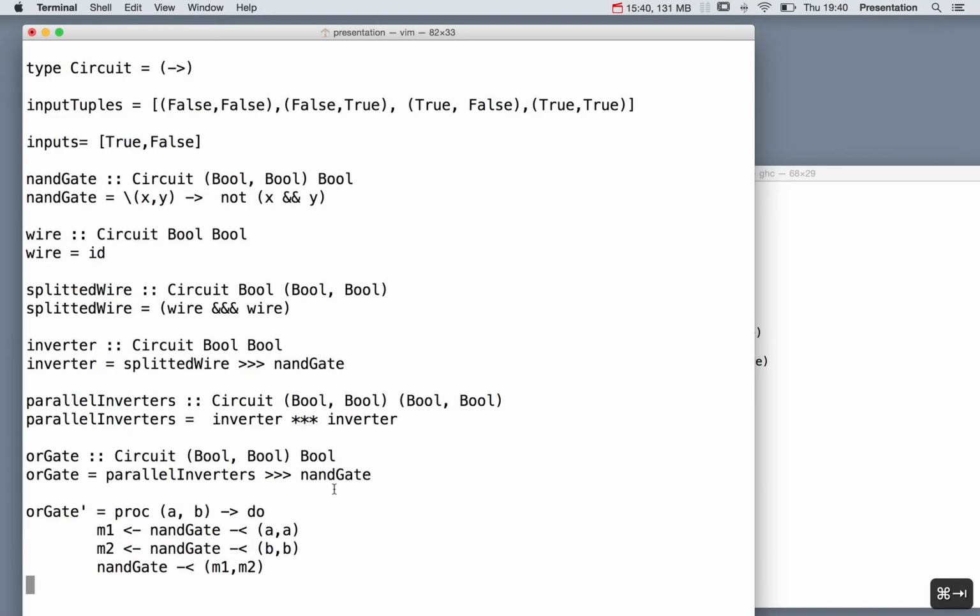And this is what we were doing here. So we have these inverted signals here in a parallel composition, and then that parallel composition is then piped into this negative AND gate.